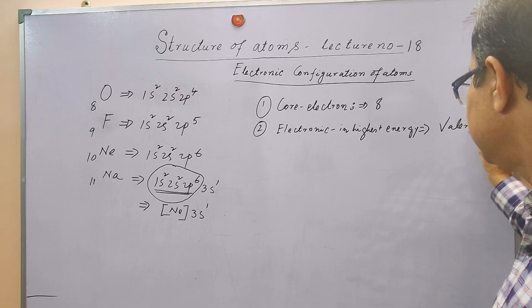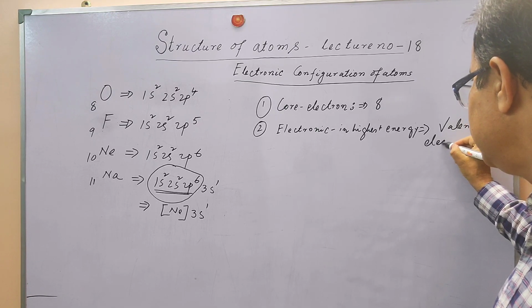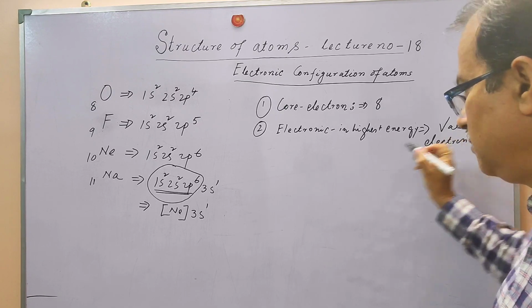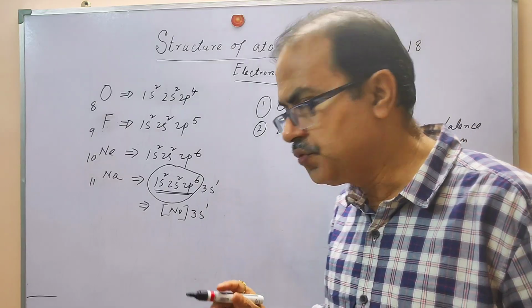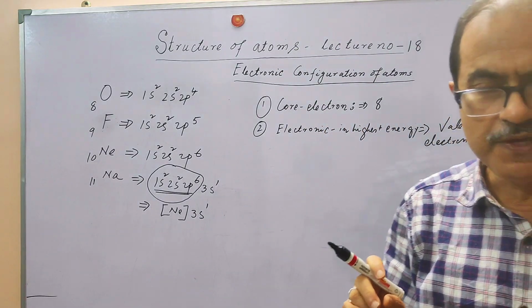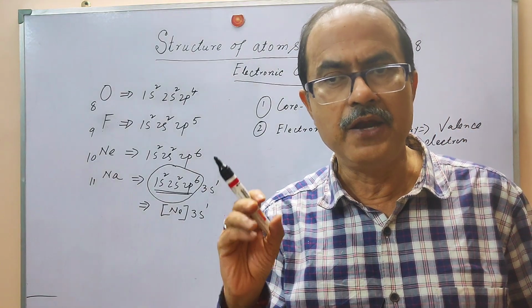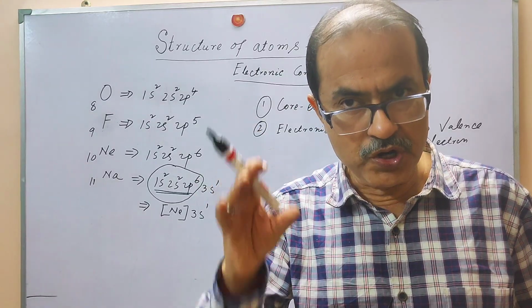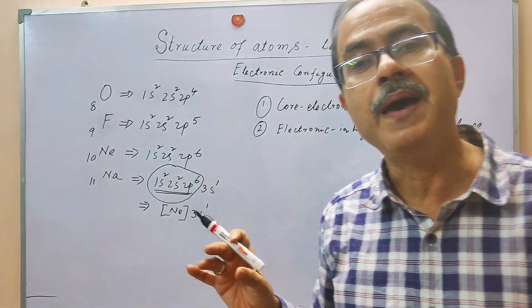Here the valence electrons, you can see, is 1 for sodium. So you can understand what core electrons means: in an atom there will be core electrons and the others will be the valence electrons.